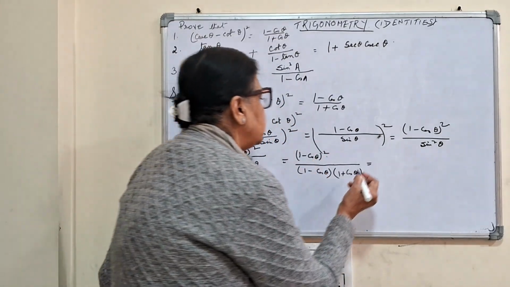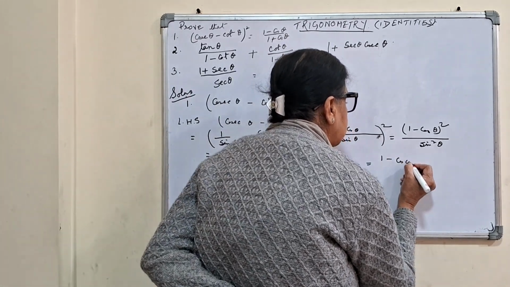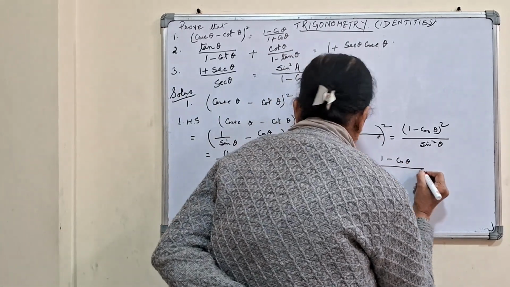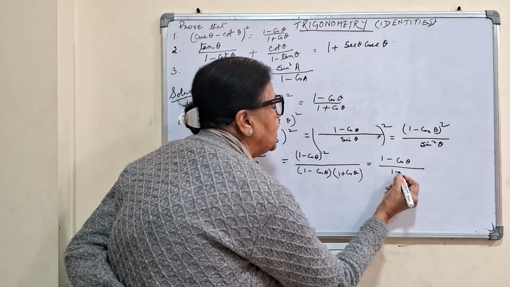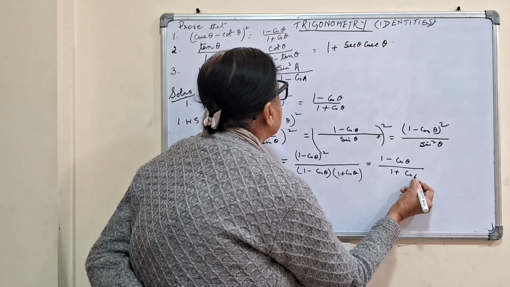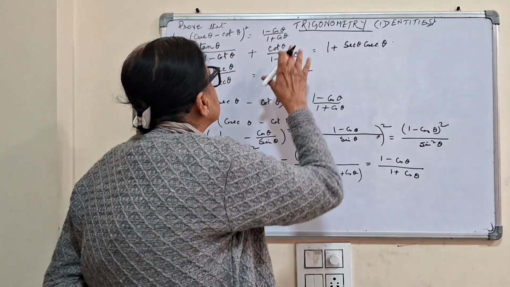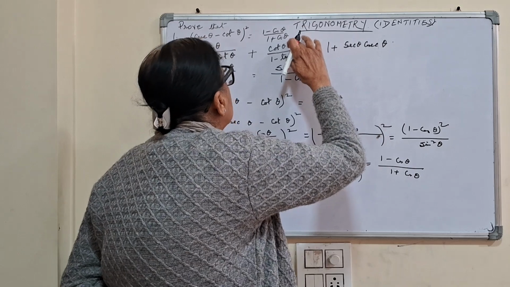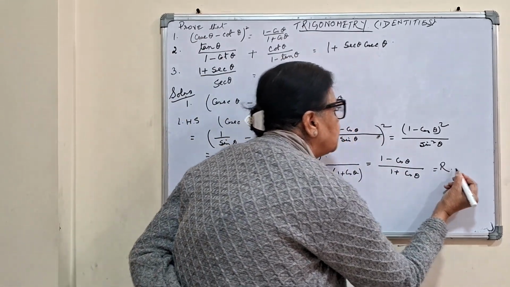The numerator will have only 1 minus cos theta remaining and the denominator will remain with 1 plus cos theta. That is equal to RHS, hence proved.